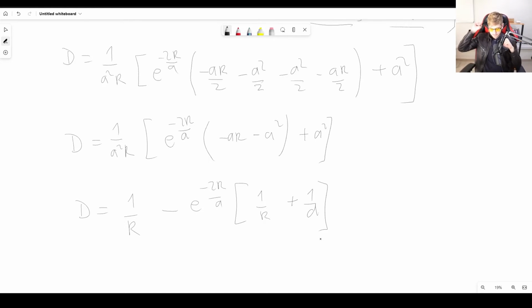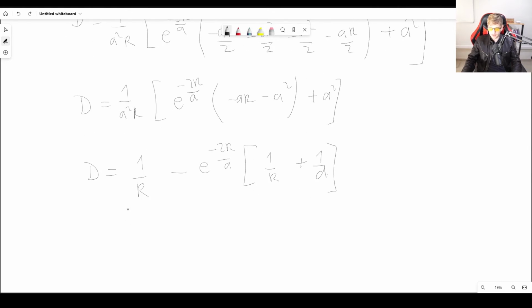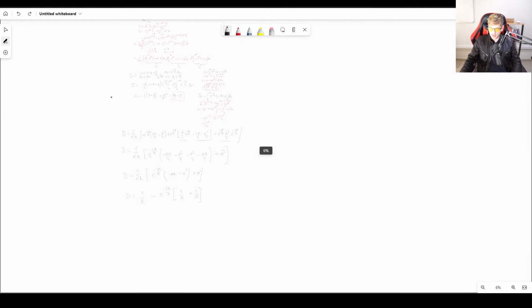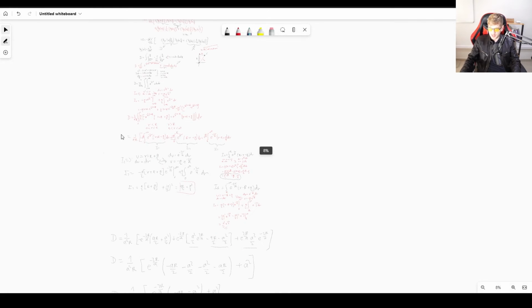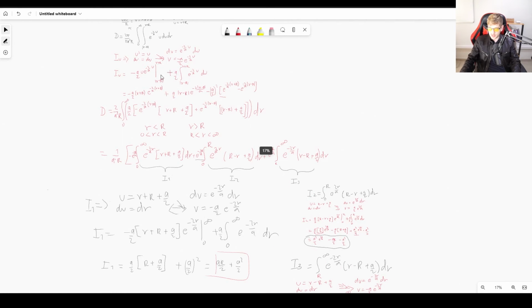Now, be wary, because in the textbook, Griffiths, he defines D as a times this, right? So if you want to go to what Griffiths has, you need to multiply and divide by a. Because the way Griffiths did it is, where did it come from?